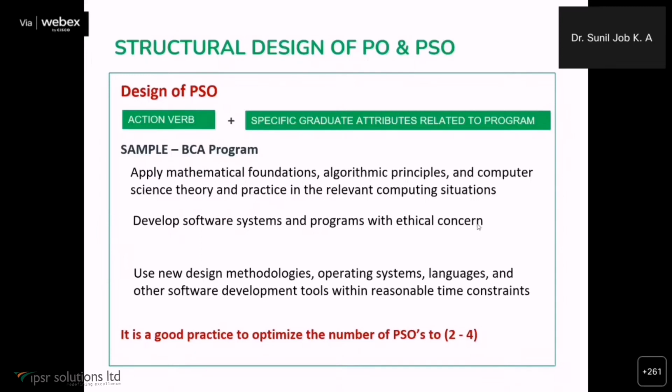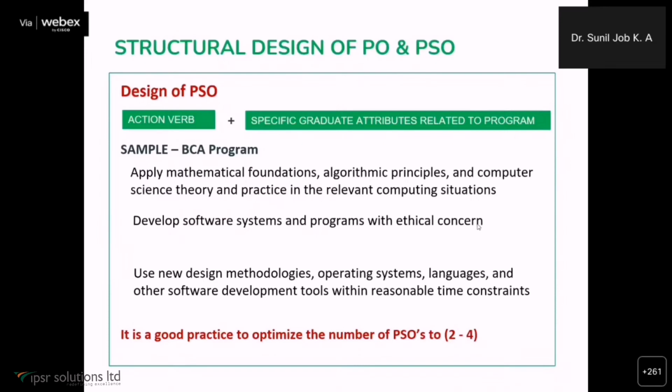Then another important thing that I've included here is use new design methodologies, operating system languages, and other software tools with reasonable time constraints. That's important, because the technological frontiers are coming up at an explosive pace.